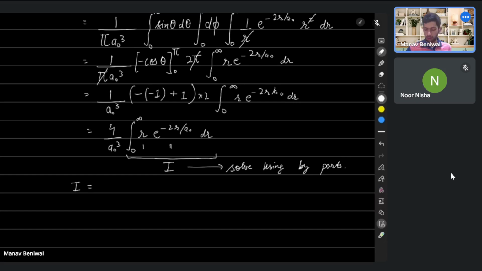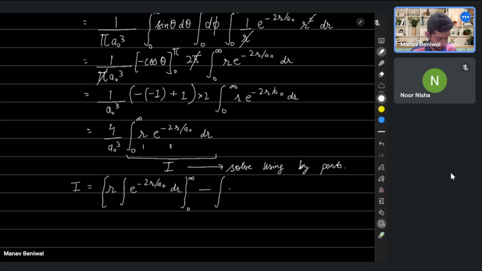So this basically becomes first function into integration of second function, and then we put the limits from 0 to infinity, minus integration of differentiation of first function, which is simply 1.